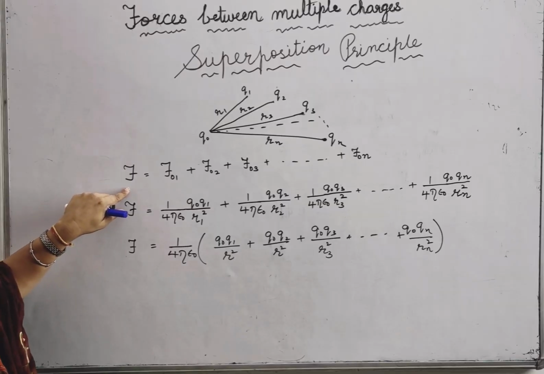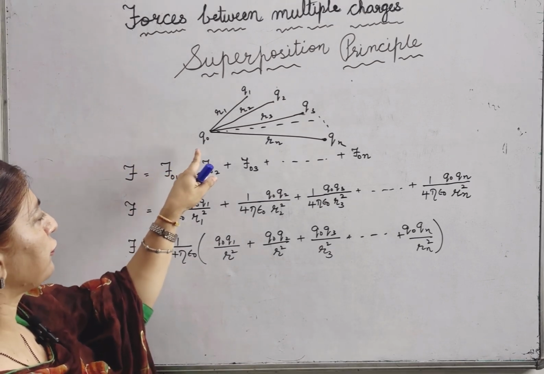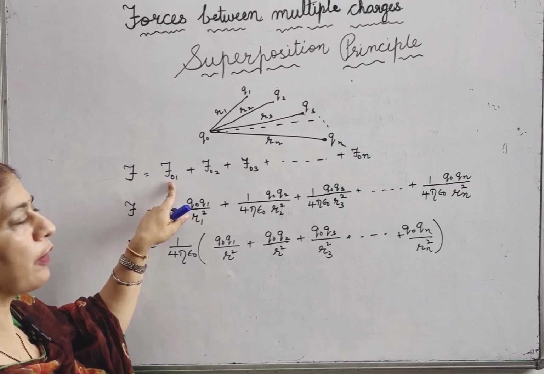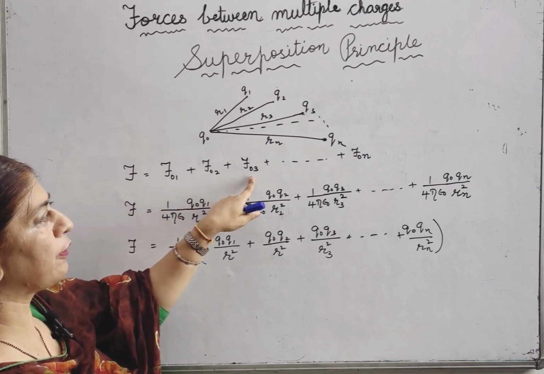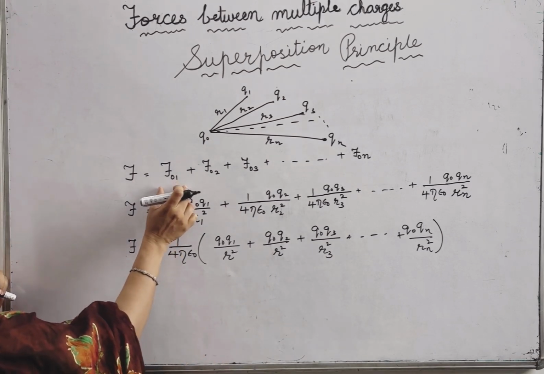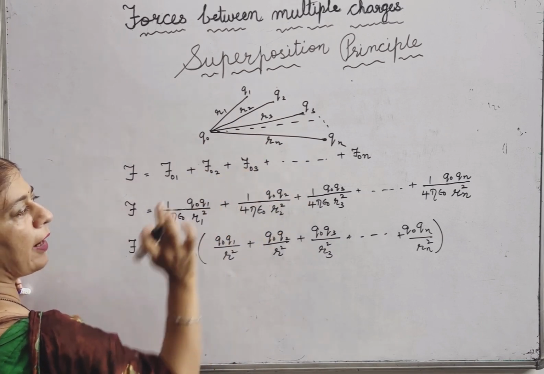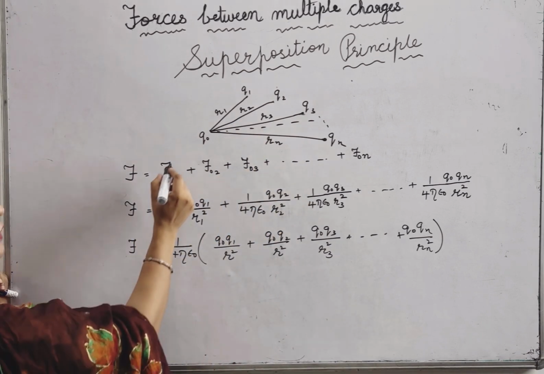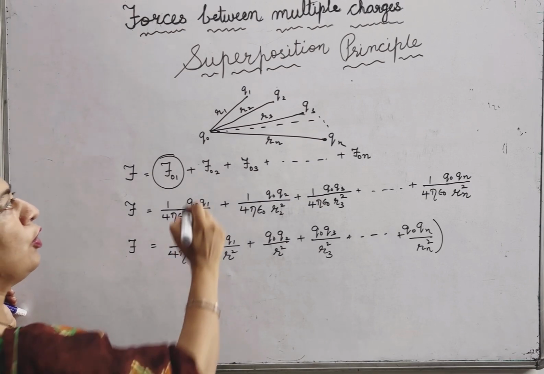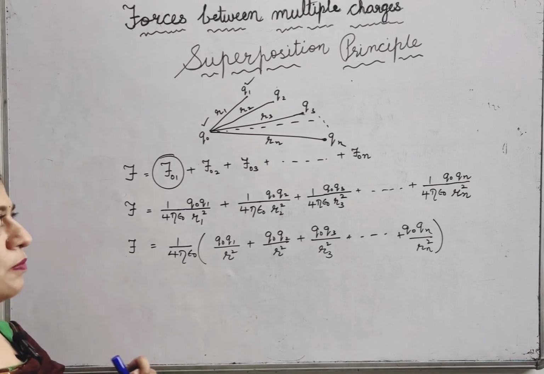According to the superposition principle, the total force F experienced by Q0 is given by the addition of F01 plus F02, F03 up to F0n, where these are the forces individually between Q0 and Q1, Q0 and Q2, and so on. Now, to find the value of F01, the force between the two point charges Q0 and Q1, we apply Coulomb's law.